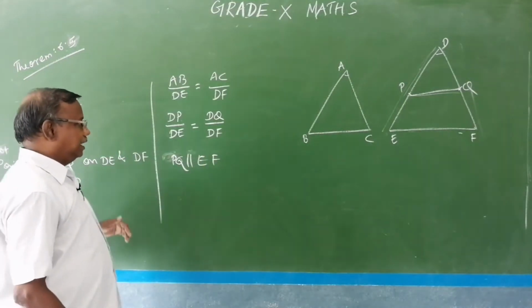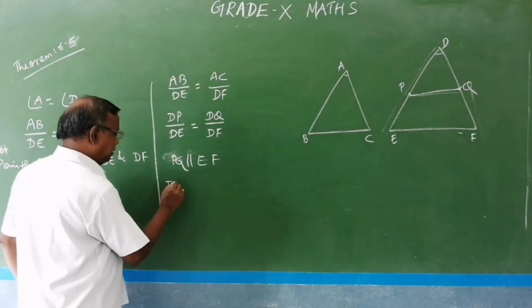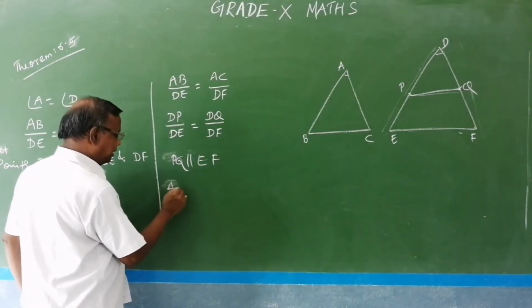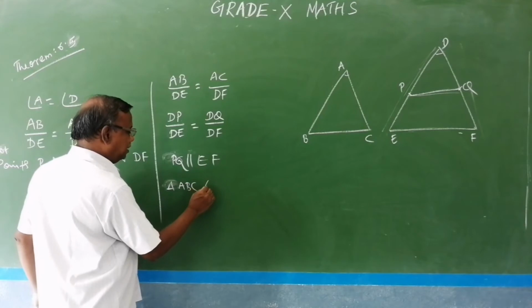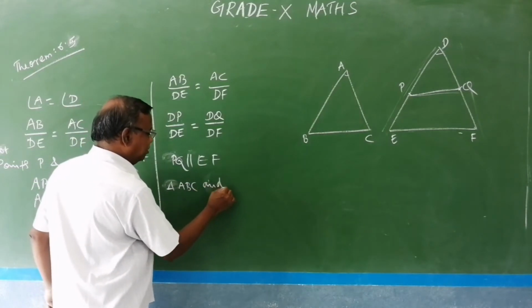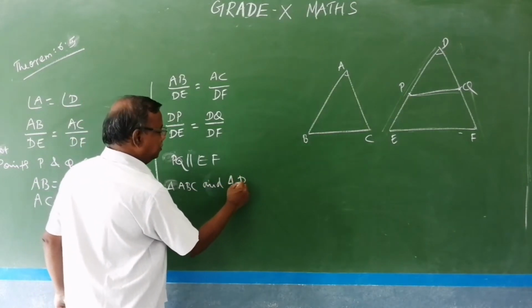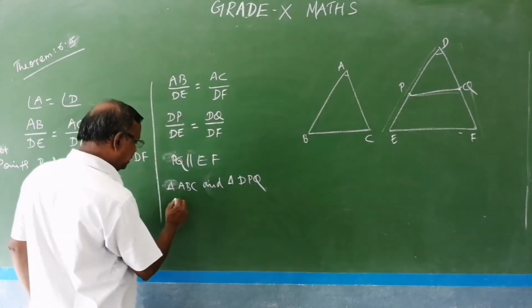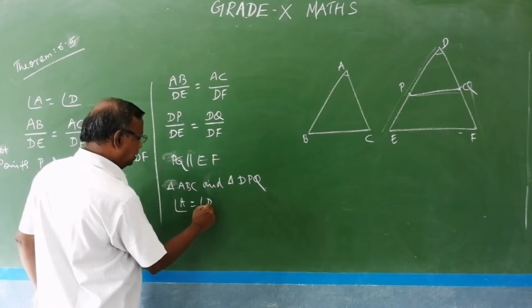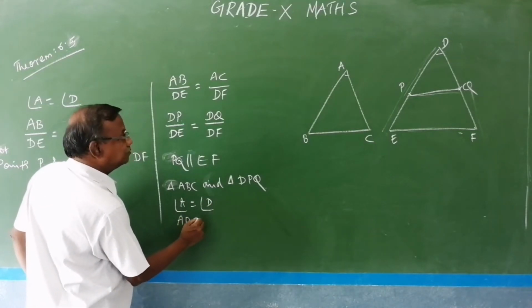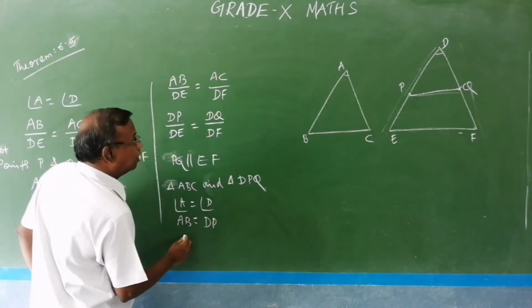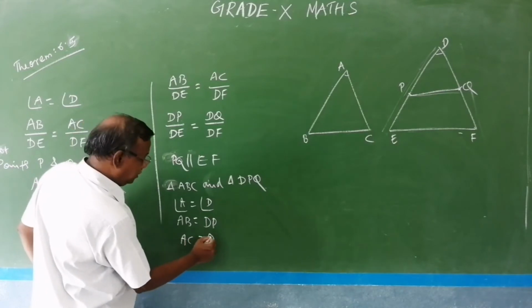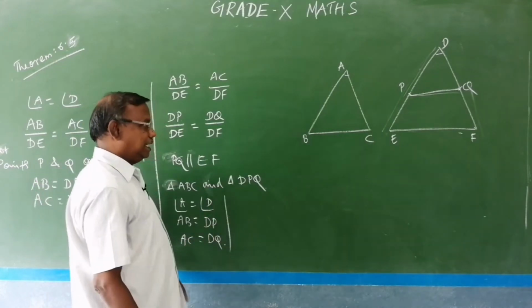This is one. And further, let us consider the triangles ABC and DPQ. So angle A equals angle D, AB equals DP and AC equals DQ.